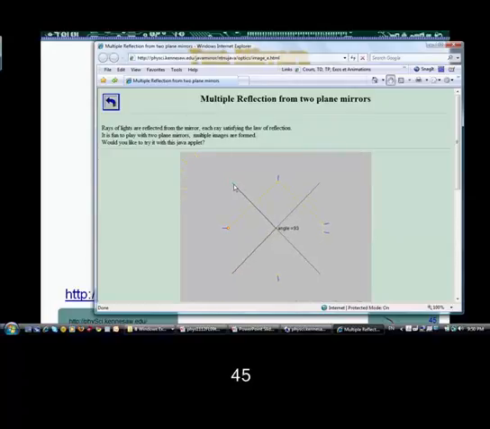Now, if my angle is 90 degrees, these two extra images are going to result in one image here.